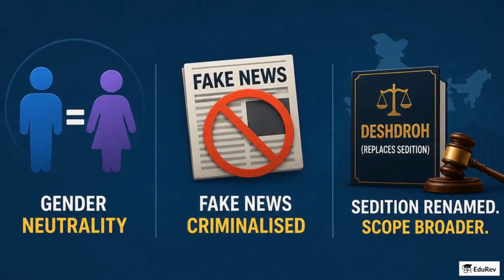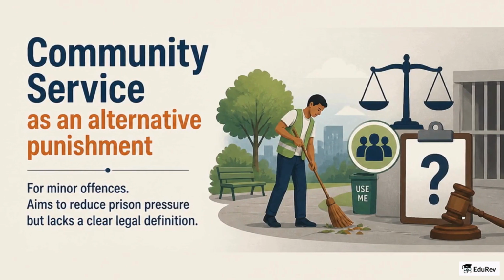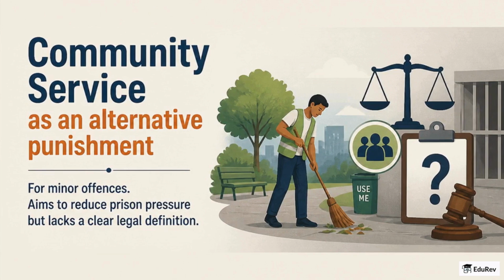Key changes include gender neutrality for several offenses, criminalization of certain forms of fake news, and a renamed sedition offense, now framed as Deshdroh with broader scope. Community service appears as an alternate punishment for minor offenses, intended to reduce prison pressure but lacking a clear statutory definition.